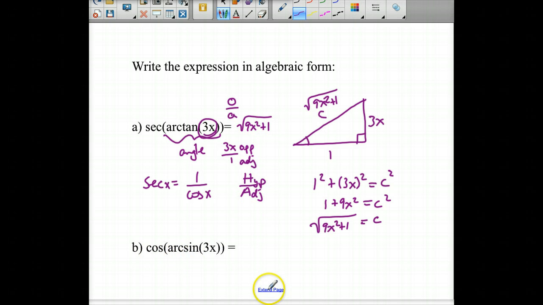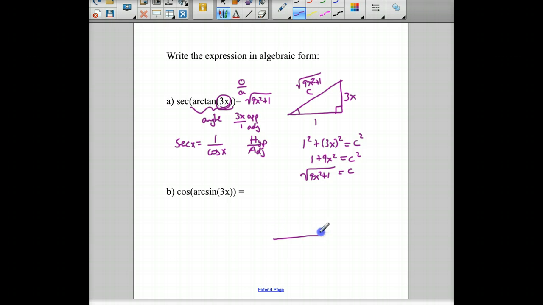Cosine of arcsine of 3x. So we're going to set up our triangle the same way. Sine of 3x. So sine is opposite over hypotenuse. Opposite over hypotenuse. So now I have to find this side. A squared plus b squared equals c squared.